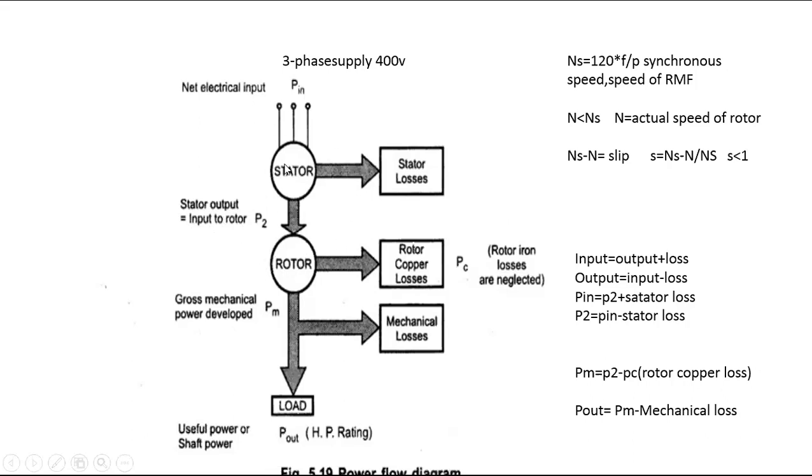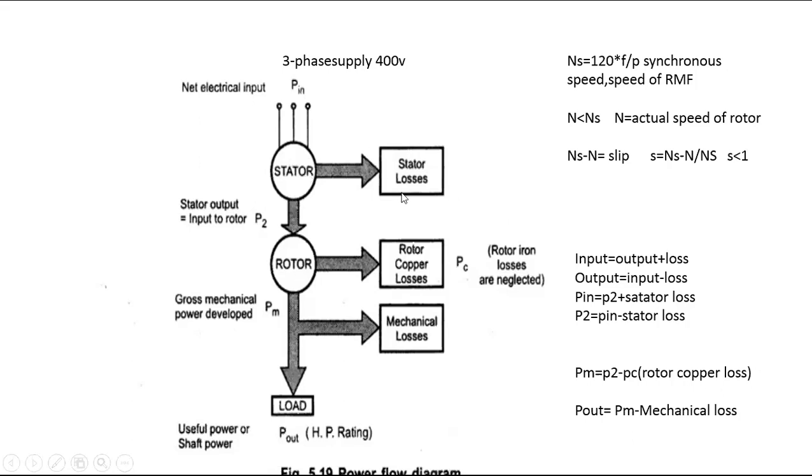Another name for losses in an induction motor is the power stage diagram, which says that each and every behavior of the induction motor is represented by power. The input power is Pin, as the induction motor converts electrical energy to mechanical. When input electric power is applied to the stator windings of the induction motor, what happens? 100% of the energy is not transferred to the rotor.